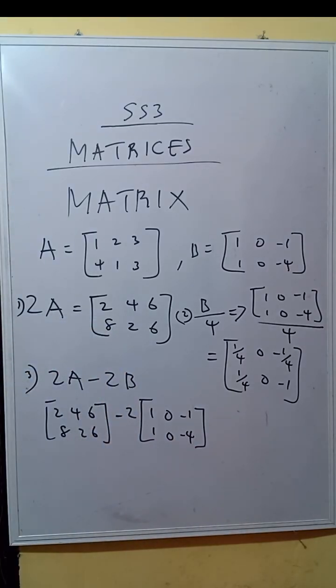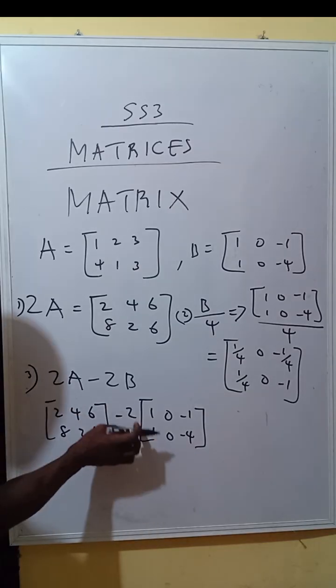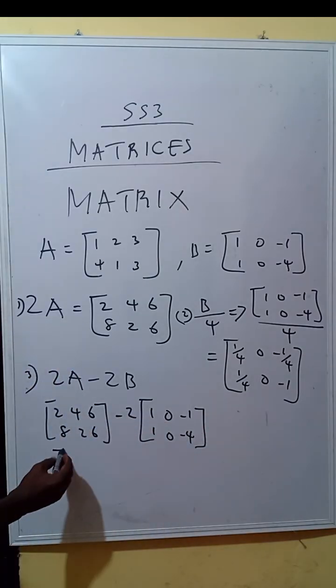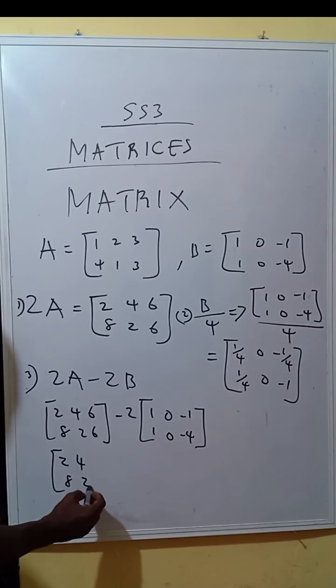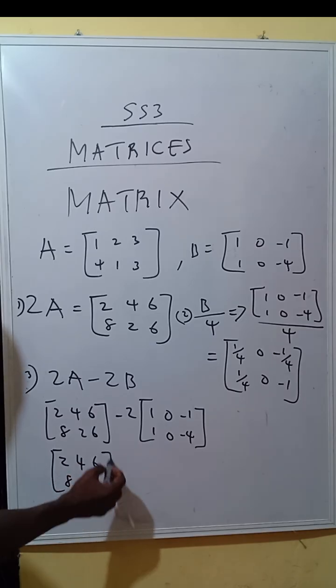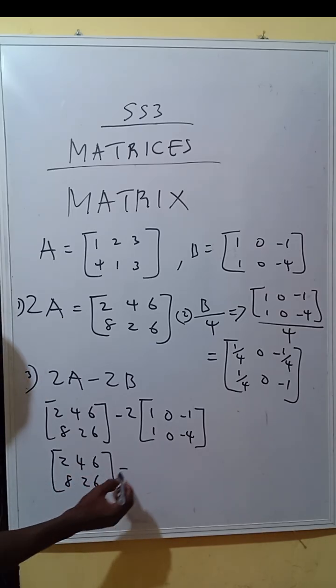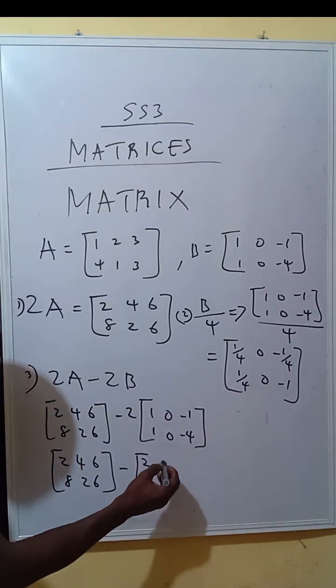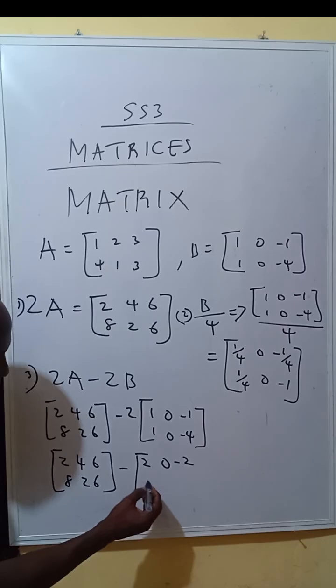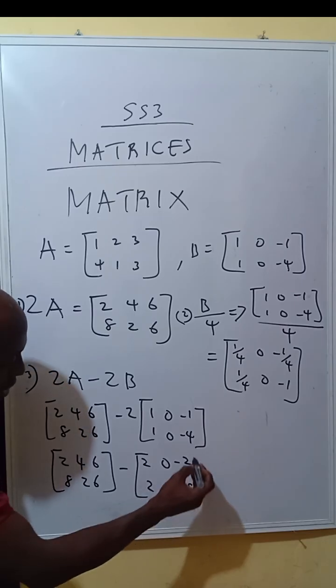Now I can multiply each of these by 2. So I have 2, 8, 4, 2, 6, 6, minus 2 has to multiply with the entries there: 2, 0 minus 2, 2, 0 minus 8, right?